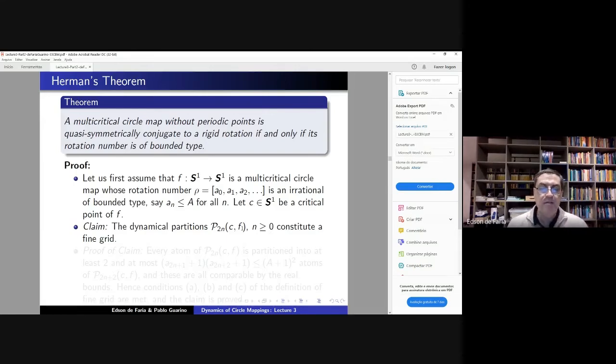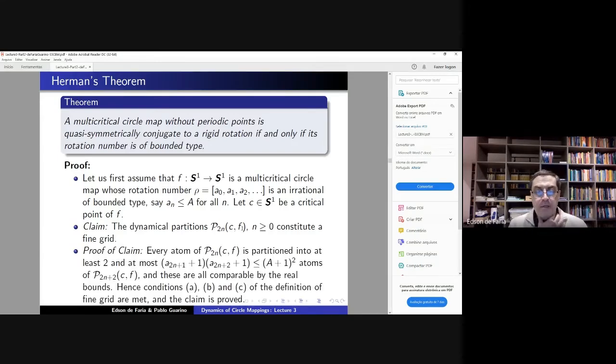So the claim is that these partitions, skipping every other level, constitute a fine grid. And the reason was what I was stating before, is that when you go from level 2n to level 2n+2, each atom is broken into at least 2, okay? When you skip one level, each atom at level 2n is going to be broken into at least 2 atoms at level 2n+2, and into at most this number that you see here, a_{2n+1} times a_{2n+2} plus 1 atoms at the next level, at the level 2n+2.